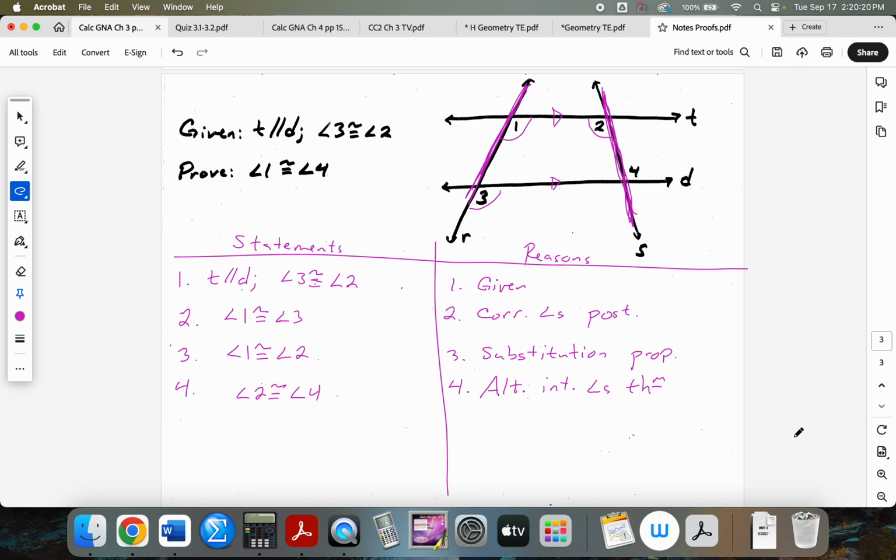And again, you're welcome to abbreviate all of that. So I've got 2 is congruent to 4. Well, now look what I have. 1 is congruent to angle 2. Angle 2 is congruent to angle 4. So if angle 1 is congruent to 2 and 2 is congruent to 4, then I can say that angle 1 is congruent to angle 4, again by substitution.